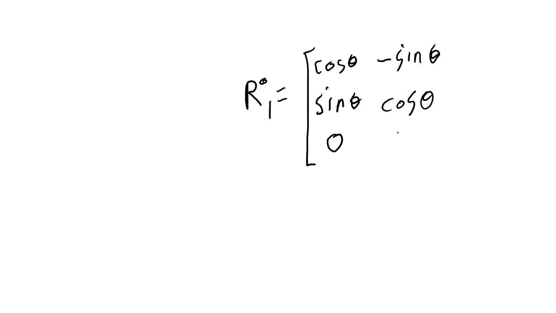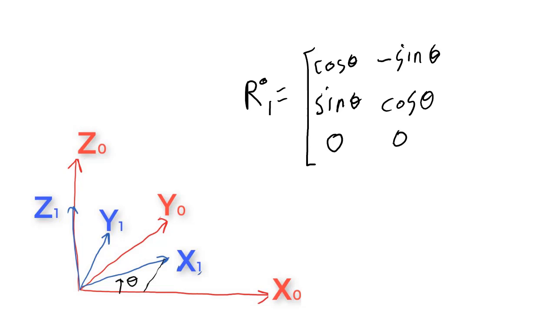Lastly, what is the projection of y1 on z0? y1 is perpendicular to z0, so the projection of y1 on z0 is 0. I'll fill in the 0 in this part of the matrix. Lastly, let's look at the z1 axis. z1 is perpendicular to both x0 and y0.